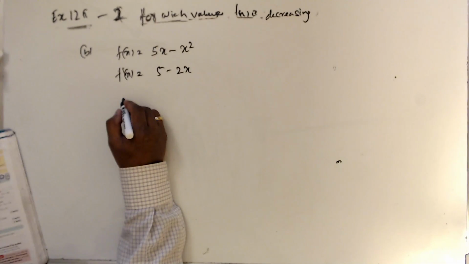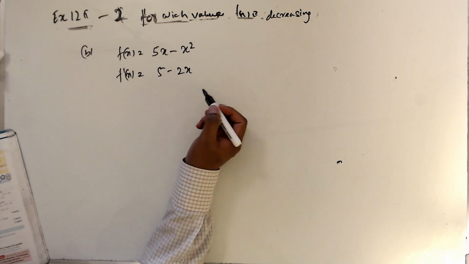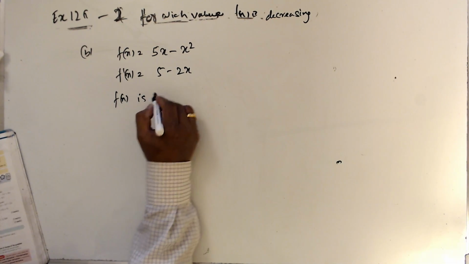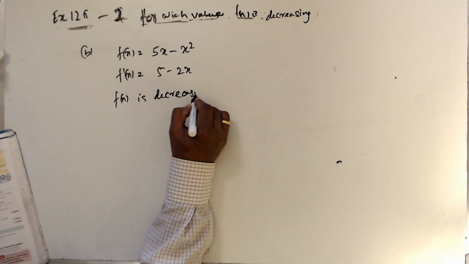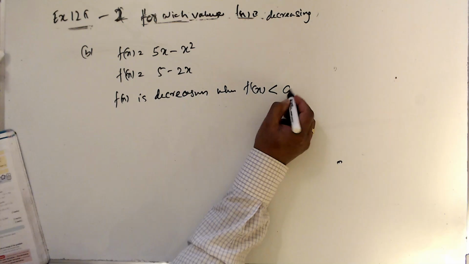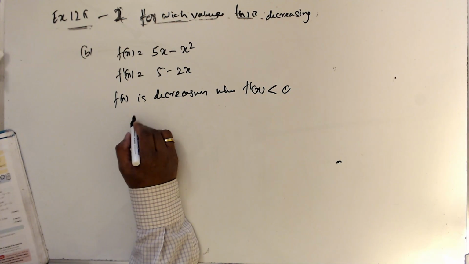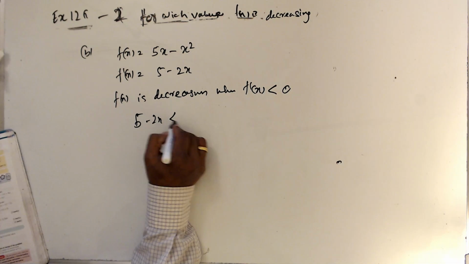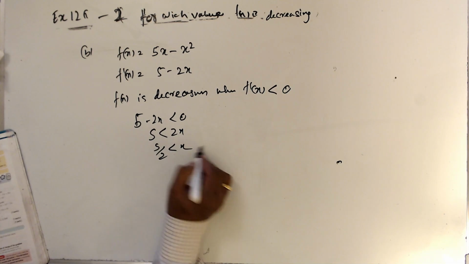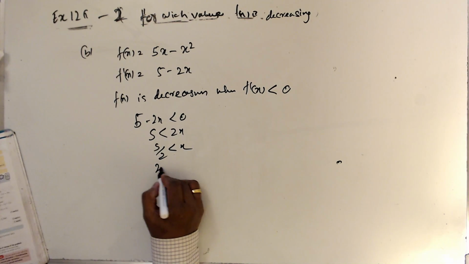f x is 5x minus x squared. f dash x is 5 minus 2x. Now f x is decreasing when f dash x is less than 0. So it means 5 minus 2x is less than 0, 5 is less than 2x, x greater than 5 over 2. So this is 2.5.